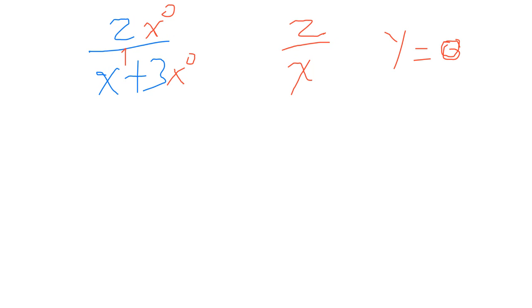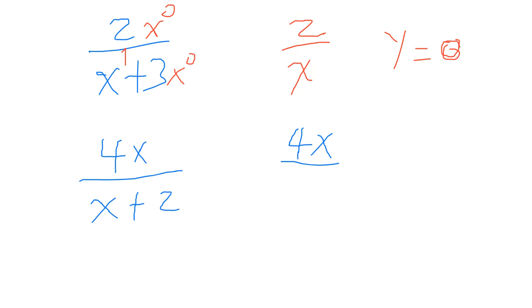Now, what if you have 4x divided by x plus 2? For the numerator, the greatest degree term is 4x. For the denominator, it is x, because the 2 has x to the power 0.